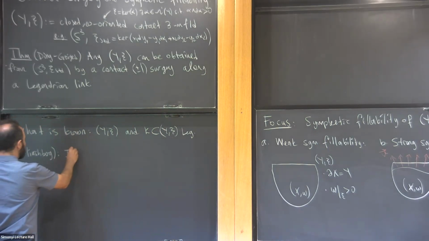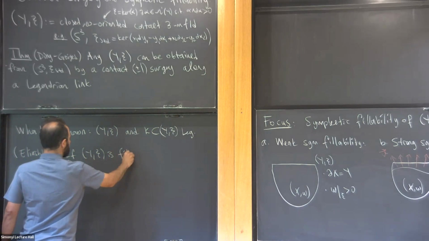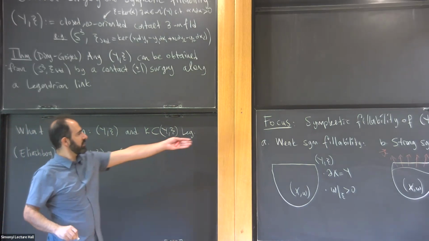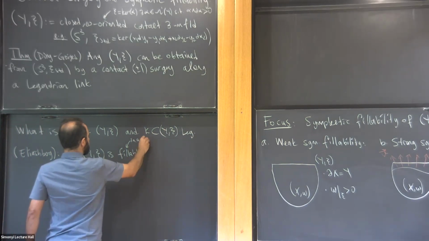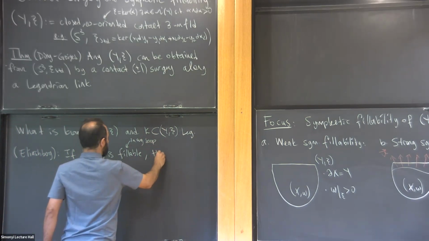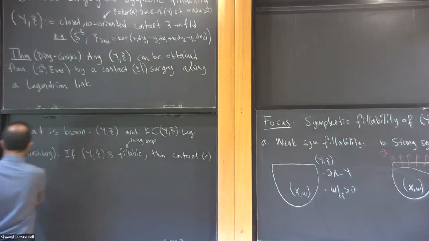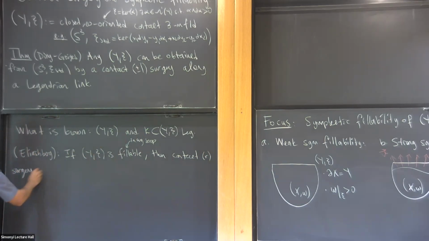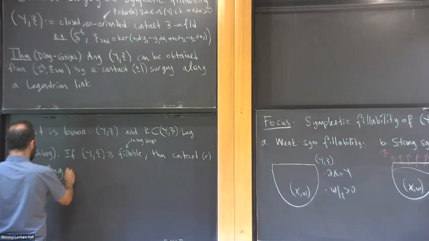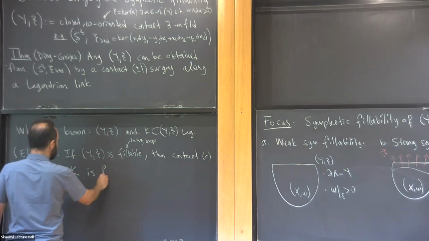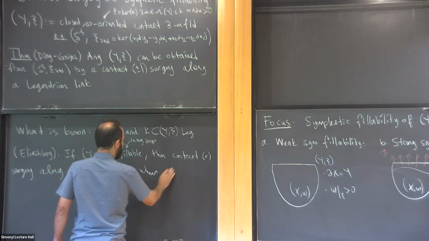So if Y is fillable in any of these senses, then contact r-surgery along K is fillable whenever r is negative.